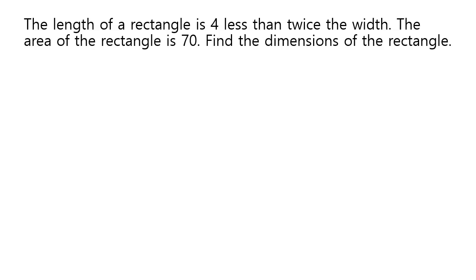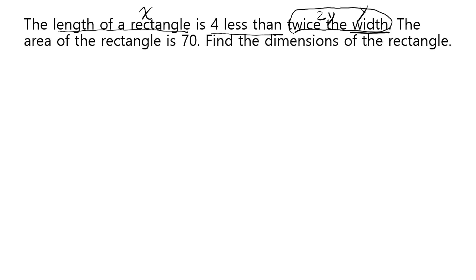Alright, so we will call the length of the rectangle x, and we also don't know the width, so let's call that y. Now it says 4 less than twice the width. Okay, so let's try to write this. Twice the width is 2y.